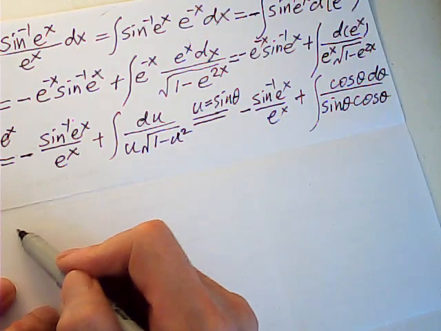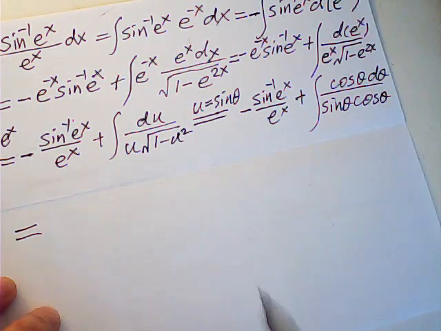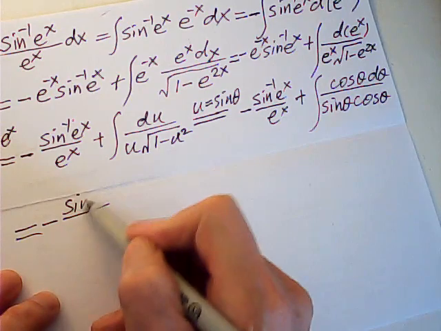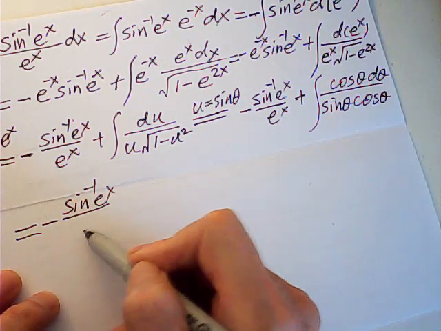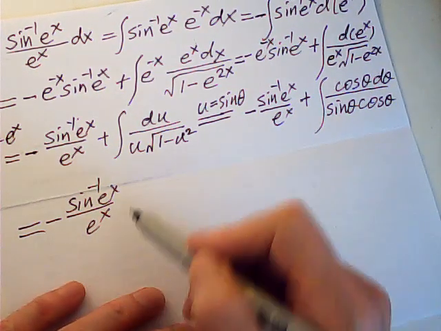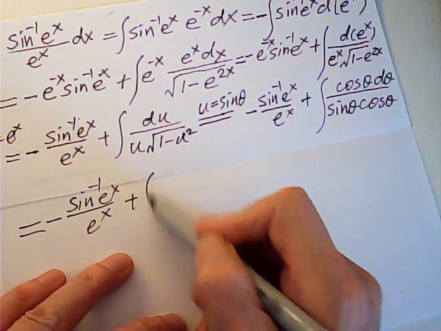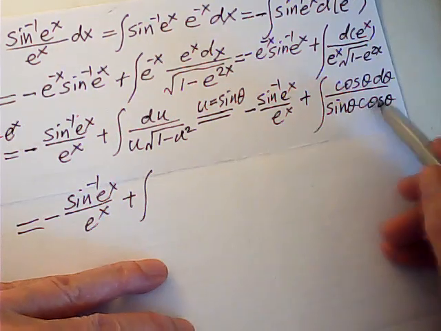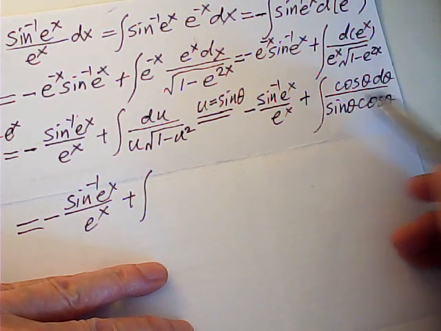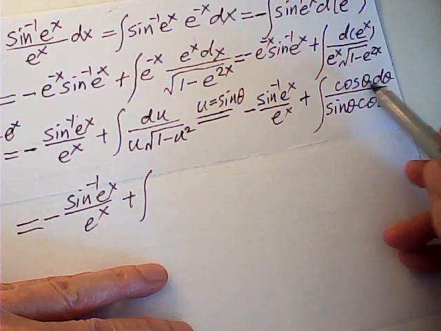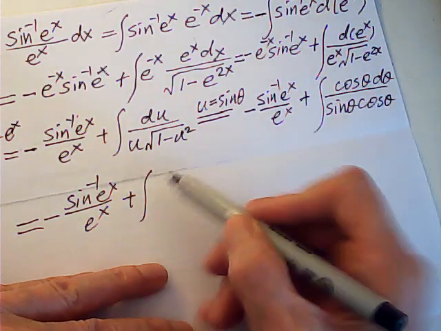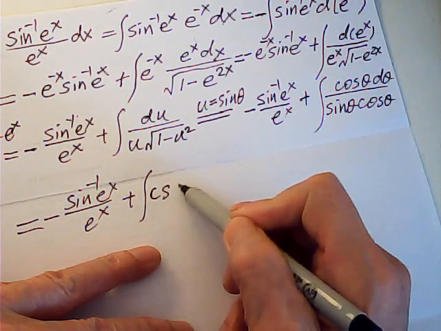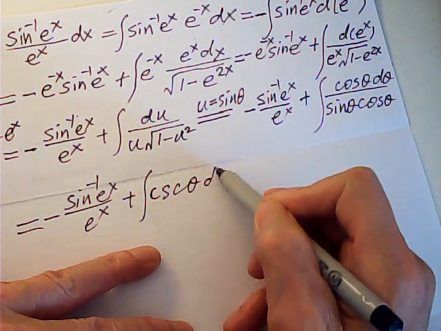So this becomes negative sine inverse e to the x over e to the x plus integral, cosine cancels out. 1 over sine is cosecant, right? Cosecant theta d theta.